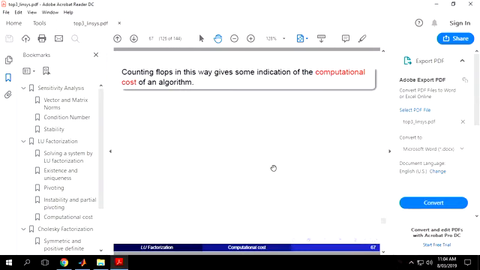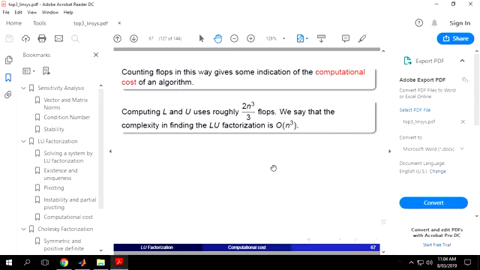Similarly, you can count the number of operations of the LU factorization. For the LU factorization, the number of flops is about 2n cubed over 3. So why is that?